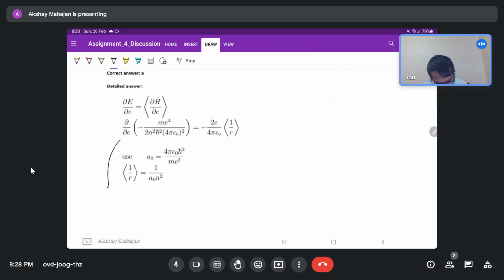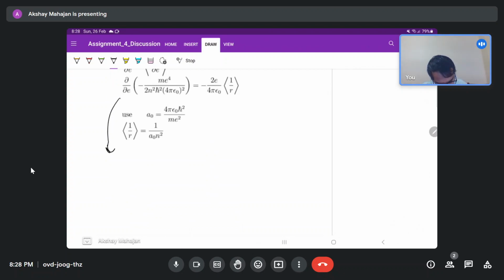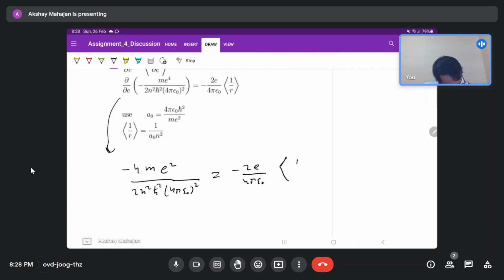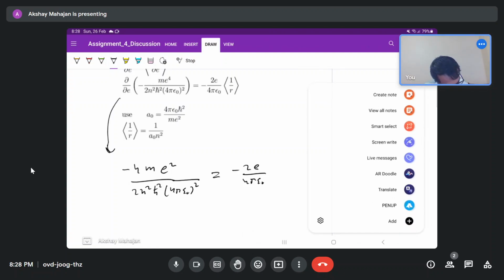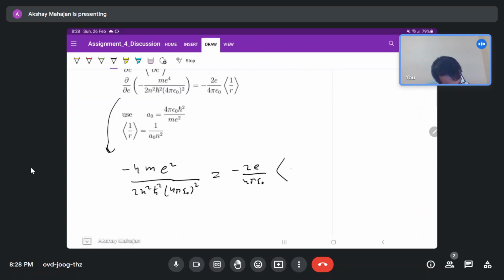Here let me just do this differentiation. So you can get this differentiation as minus 4 m e squared upon 2 n squared h bar squared times the quantity 4 pi epsilon naught, whole squared. That will be equal to minus 2e upon 4 pi epsilon naught times the average of 1 by r. I am just doing the differentiation here.